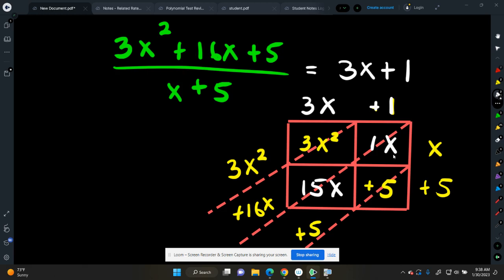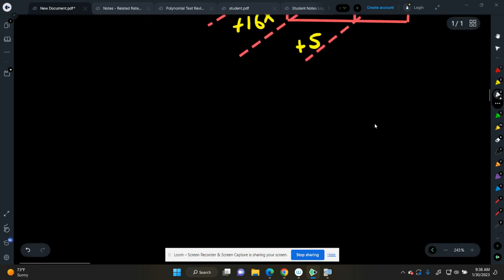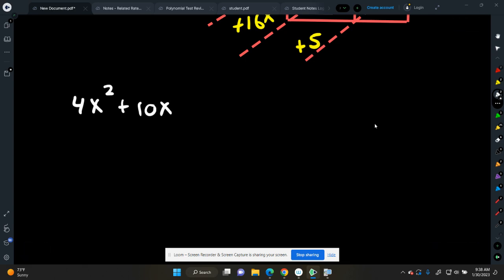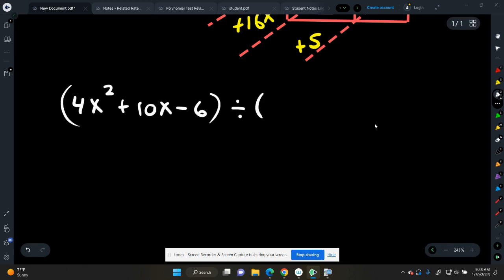Okay, so let's do 4x squared plus 10x minus 6 divided by x plus 3.